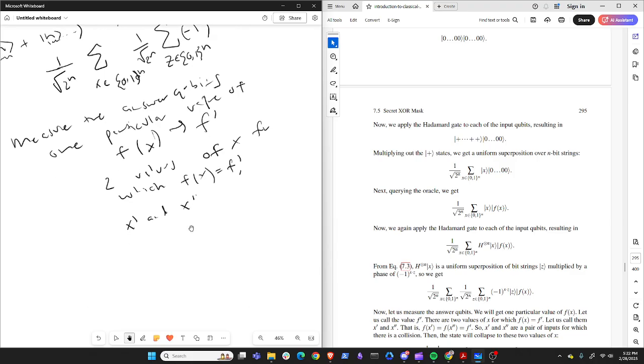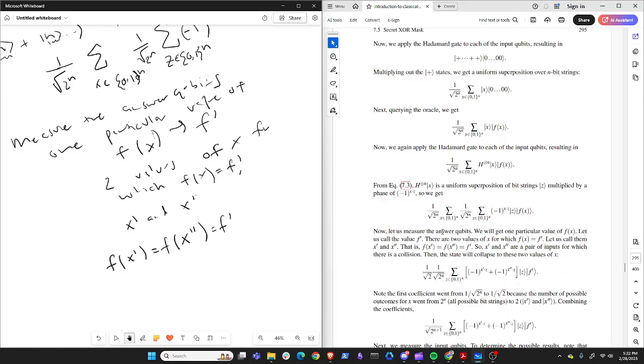So, written together just to clarify, f of x prime is equal to f of x double prime equals f prime. So that means that if we have x prime and x double prime, there is a collision. Both of these values are mapping to the same function output value.